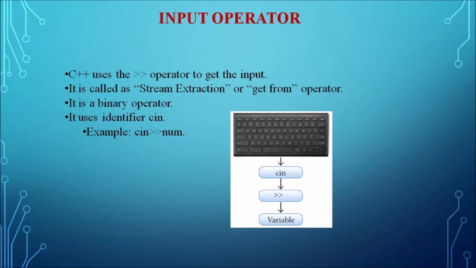C++ provides an additional operator to get input from the user. It uses the double greater than symbol. It extracts the value through the keyboard and assigns the value to a variable.